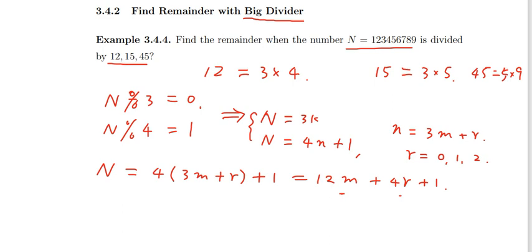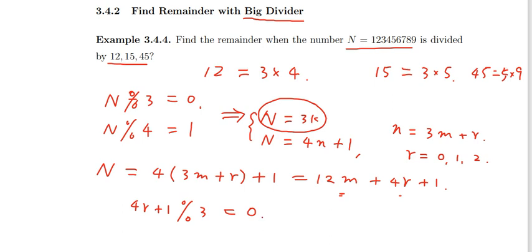And also we use this condition: n divided by 3 remainder is 0. So we just check divided by 3. The remainder of this part, 12m, is 0. So how about this part, 4r plus 1? This number divided by 3, remainder is 0.